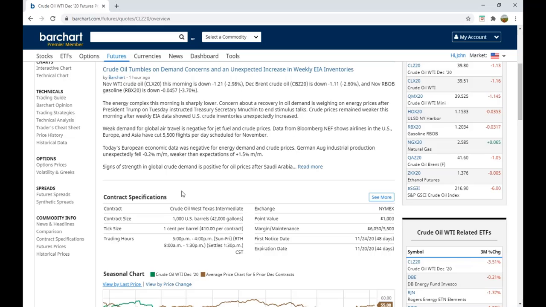Under our contract specs, we'll see that crude oil trades in 1 cent increments, and that each 1 cent price change in a crude oil contract will change the contract by $10. So $10 for every 1 cent. And if you think about dollars and cents, there's 100 cents in $1. 100 times 10 would give us a point value of $1,000.